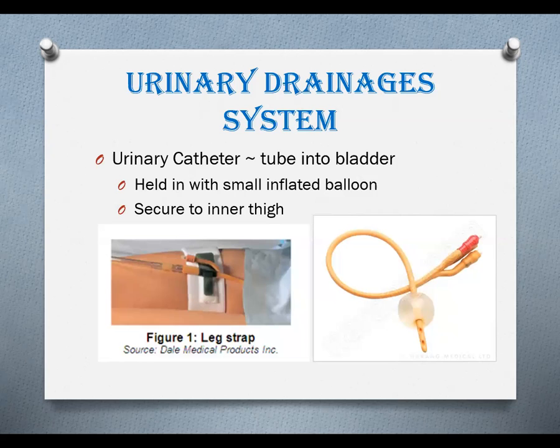There are so many other reasons that a urinary catheter is inserted. It is held in place with a small inflated balloon. Those of you who will go into nursing, you will learn how to insert a urinary catheter. It's part of the skills that you learn as a nurse.